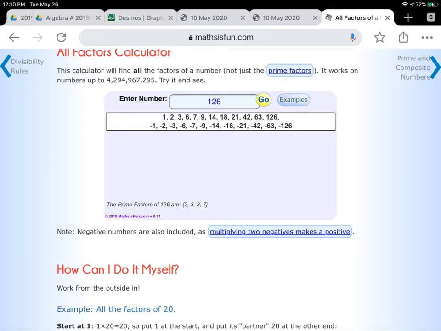I entered 126 in the factor calculator, and I discovered that the perfect square of 9 is in 126. So I took 126 and divided it by 9, and I discovered that it was 9 times 14. So now we can use that to simplify the root.